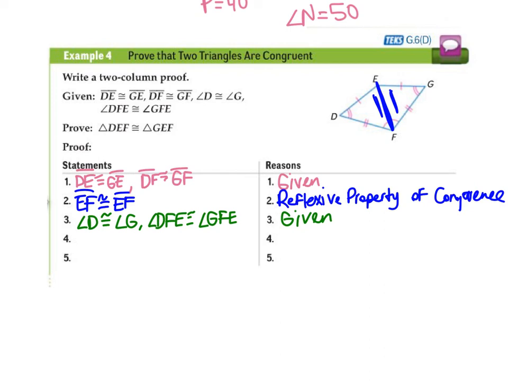Next, we're going to say DEF, this angle, is congruent to GEF, by our third angles theorem. Because remember, we just learned that when two angles in a triangle are congruent to two angles in another triangle, the third angles are also congruent. So this is our third angles theorem.